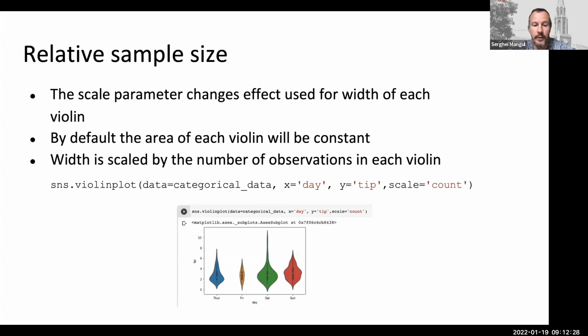So for example, you can see that on Friday it's the most narrow, meaning that the smallest sample size is on Friday. Saturday is wider. I think that's the widest, or similar to Sunday. And Thursday is in between Friday and Saturday, let's say. So you don't know the exact absolute number for the sample size, but you can see the relative.